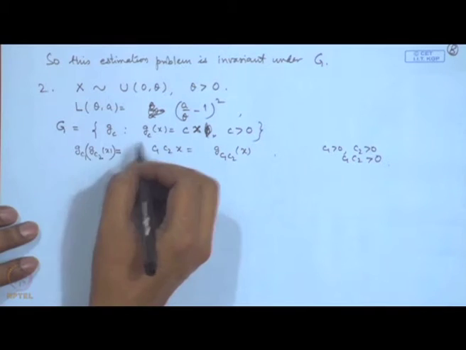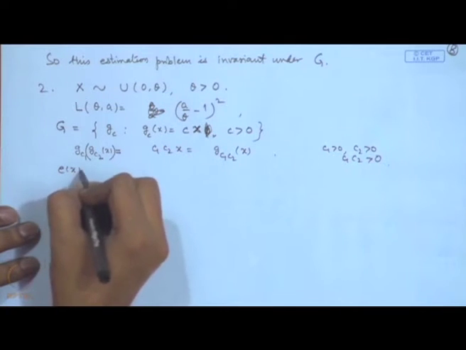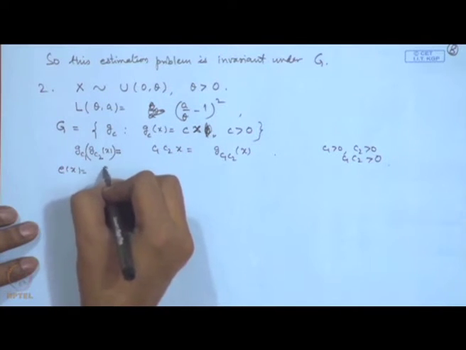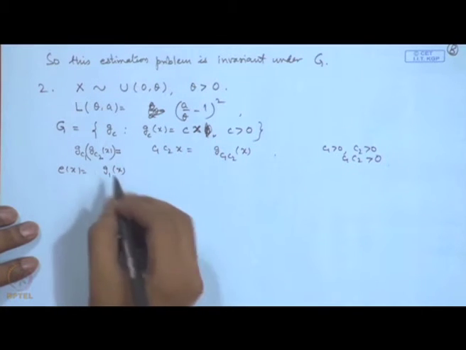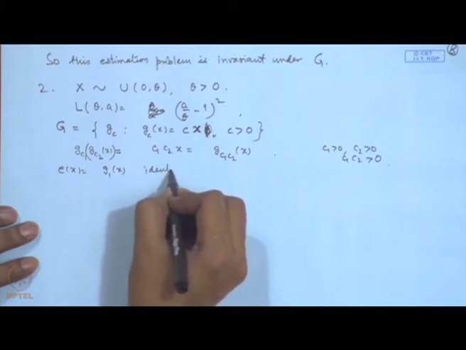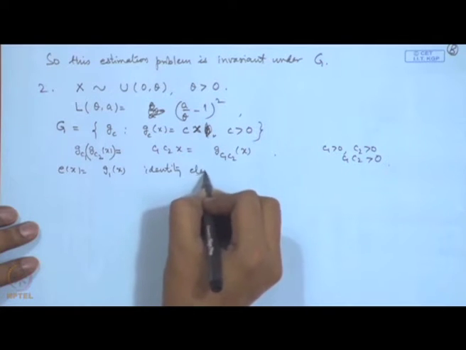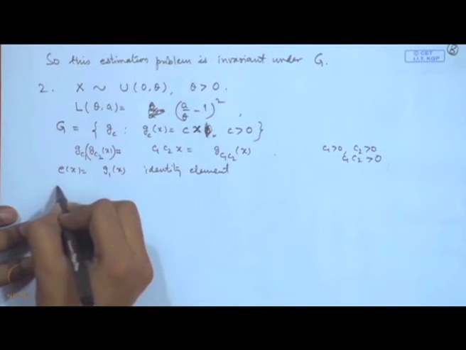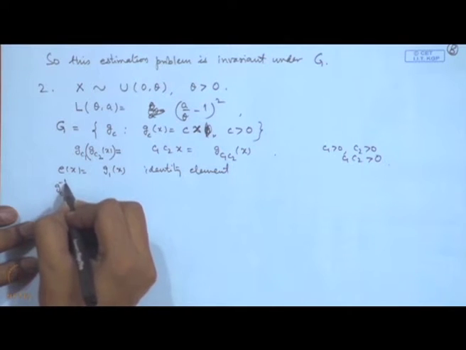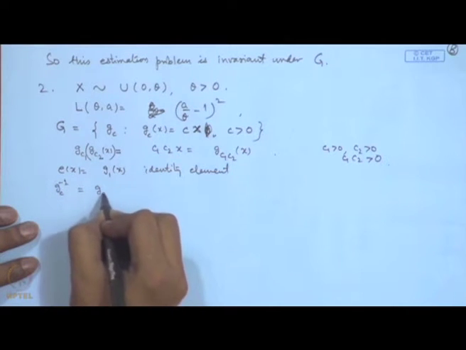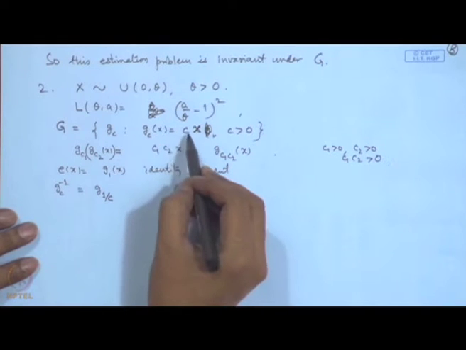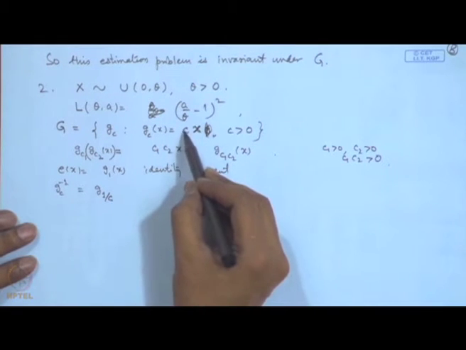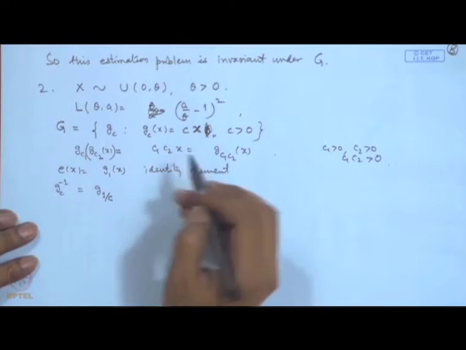The identity element is given by g_1, that is corresponding to c equal to 1. This is the identity element, and g_c inverse is actually equal to g_(1/c), because if you take g_c and g_(1/c) on that, then you will get the identity element.